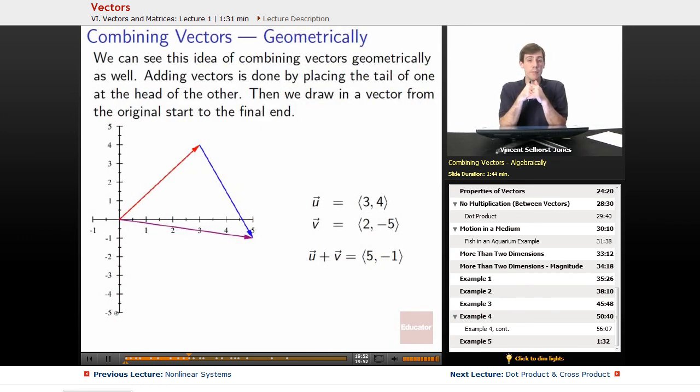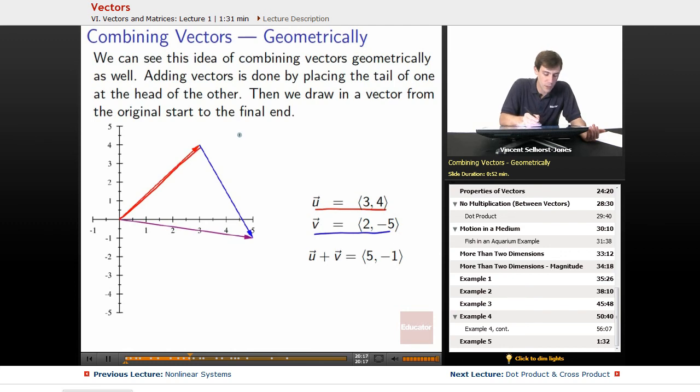We can also do this geometrically and get an understanding of what's going on, because vectors are supposed to represent this thing, right? This directed line segment. So we can see this idea geometrically. You add vectors by placing the tail of one at the head of the other. So, for example, in this one, we've got u in red, 3, 4, and then we've got v in blue, 2, -5. So we put 3, 4 out to here.